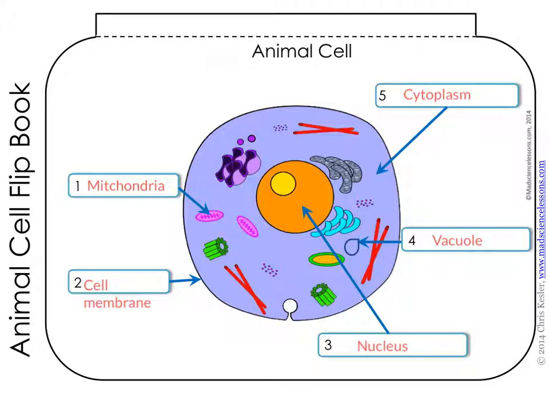And number five is cytoplasm. Again, it also appears in plant cells and serves the same function. It helps in moving around organelles inside the cell and helps the cell to maintain its overall shape. The genetic material is not actually drawn on there, but it does exist inside of this nucleus.